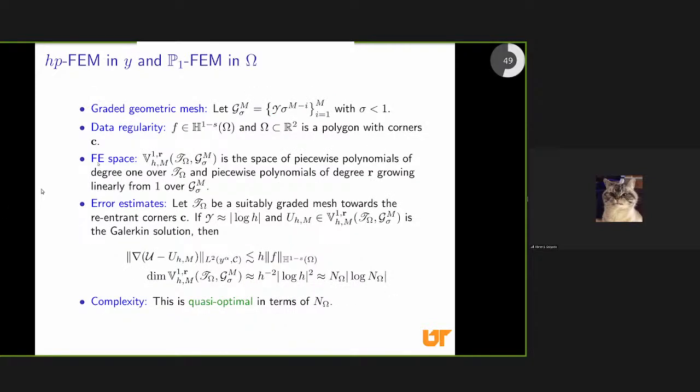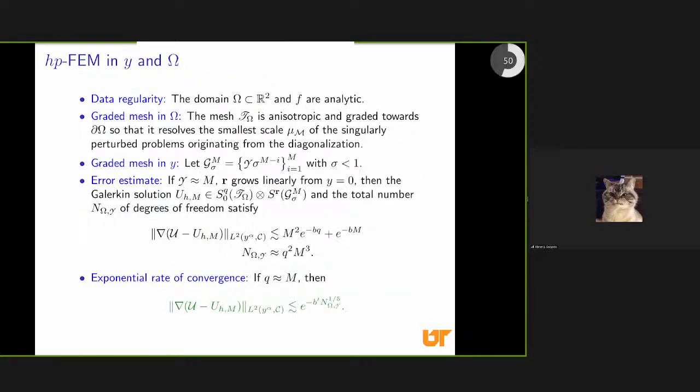You can do, for instance, HP finite elements in the extended direction and P1 finite elements in omega. And once again, get error estimates that are optimal with respect to everything. Or if you want, you can do HP in omega and in the extended direction, and even get exponential rates of convergence with respect to the number of degrees of freedom.